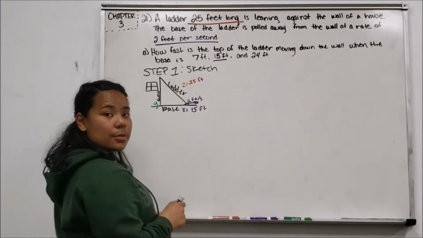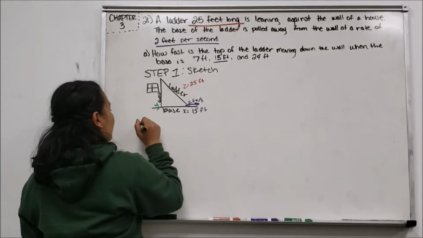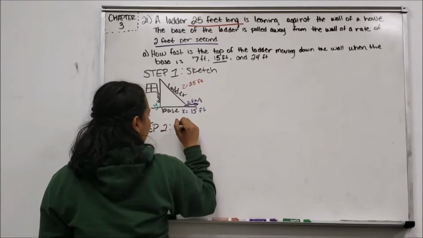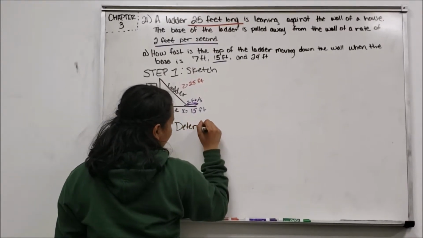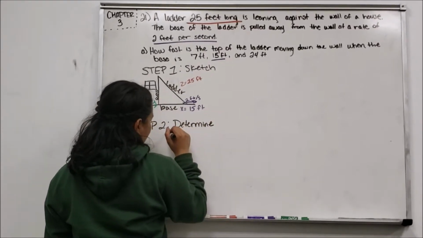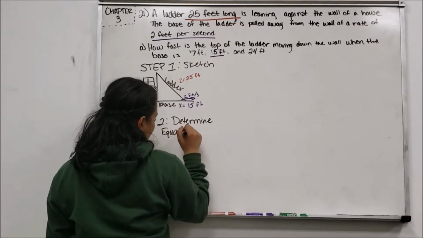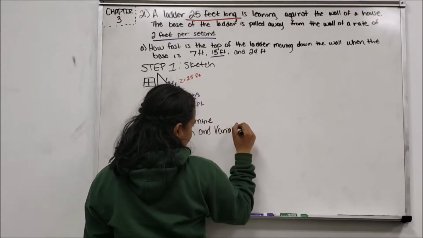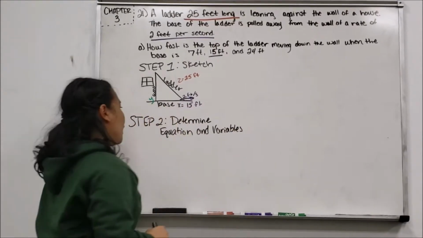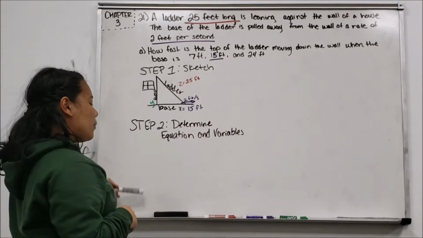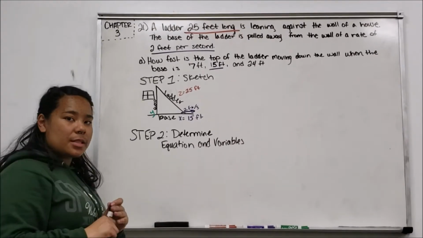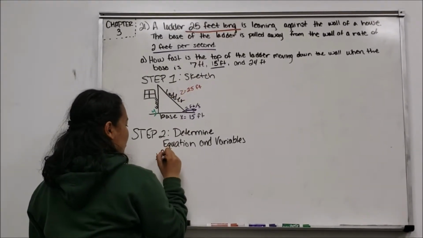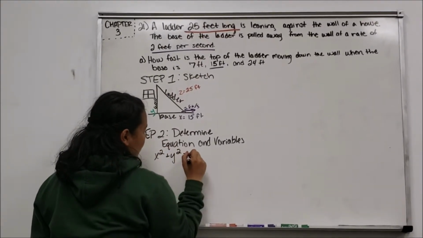Now we're going to move on to step 2. For this one, our equation is going to be the same as it was for the 7 feet: x squared plus y squared equals z squared.